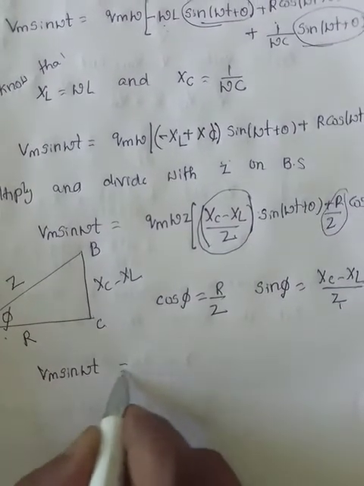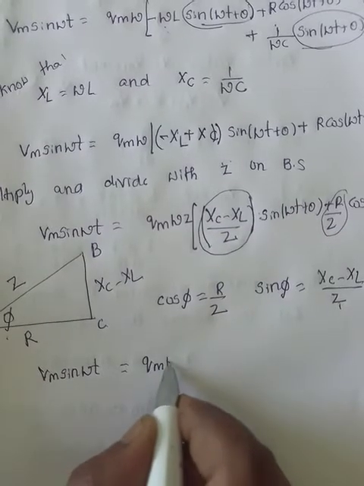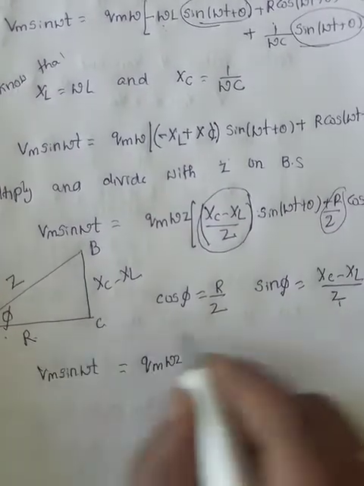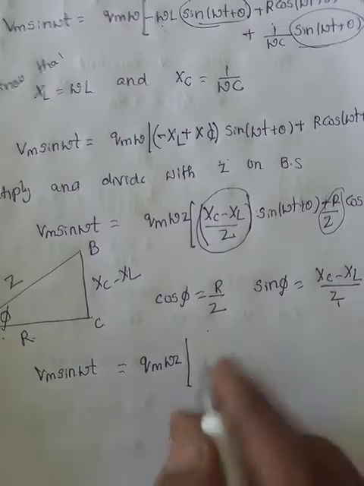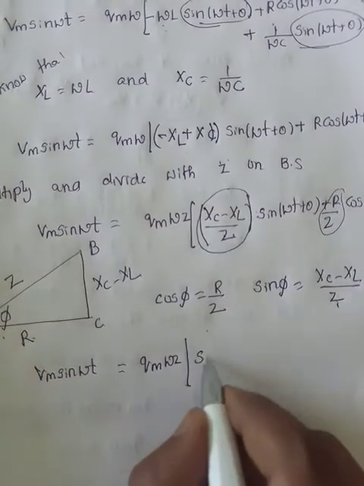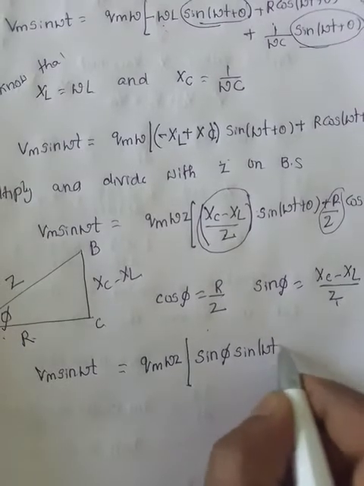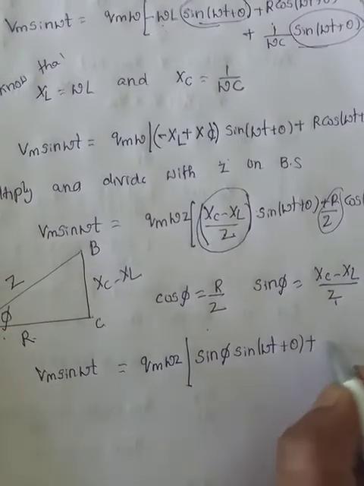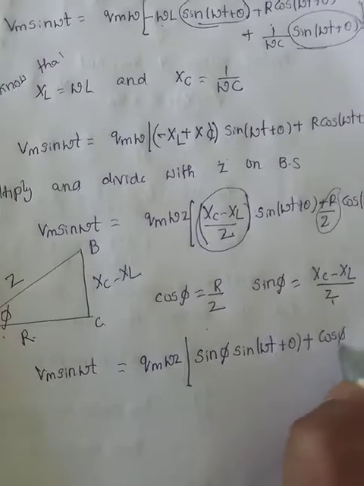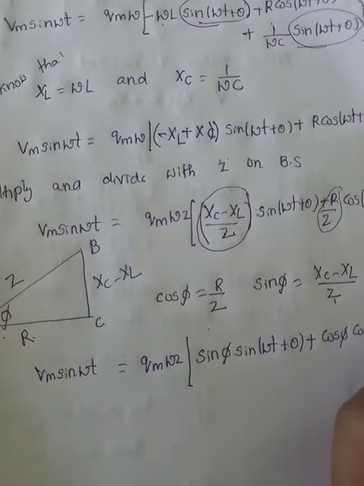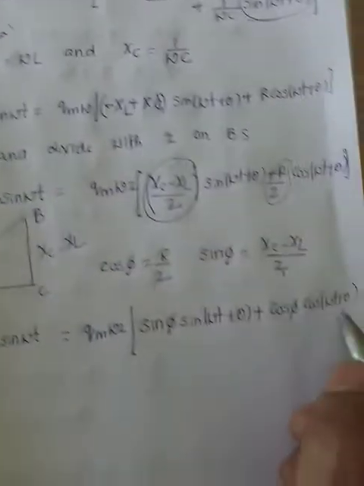So Vm sin omega t is equal to Qm omega Z into sin phi into sin of omega t plus theta plus cos phi into cos of omega t plus theta.